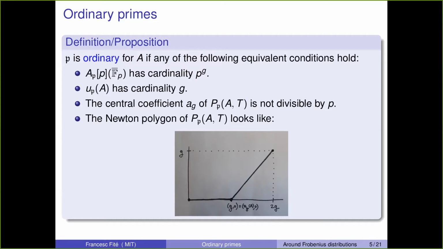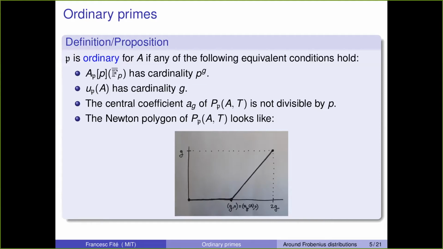The second condition is the claim that u_p has cardinality g. The third condition is the assertion that the central coefficient of the characteristic polynomial of Frobenius is not divisible by p. And the fourth characterization is the one that tells you that the Newton polygon coincides with the lower bound that I explained to you that it has on the previous slide.